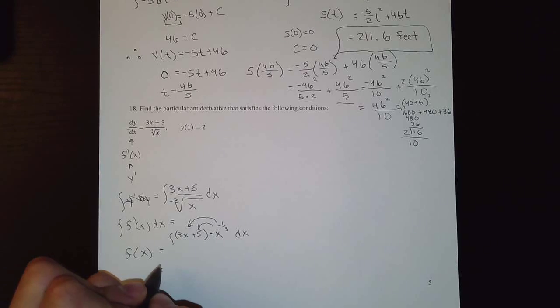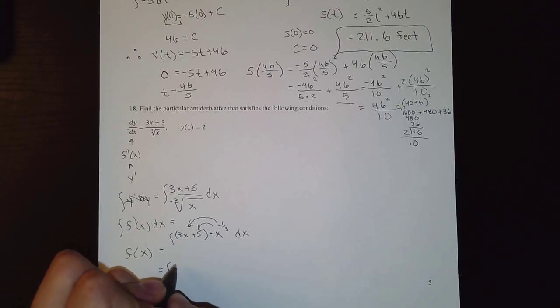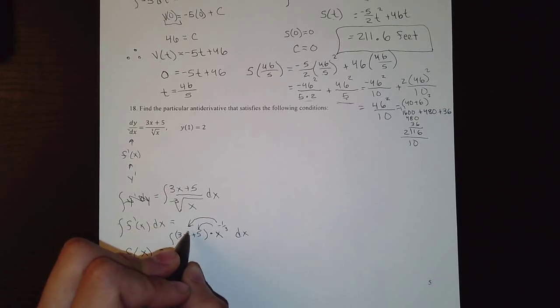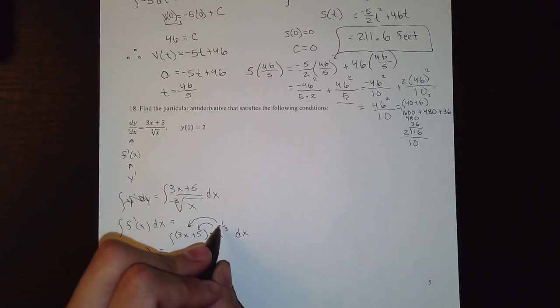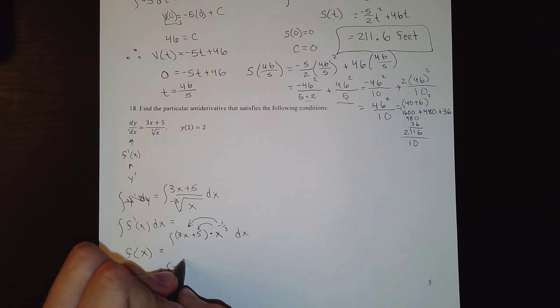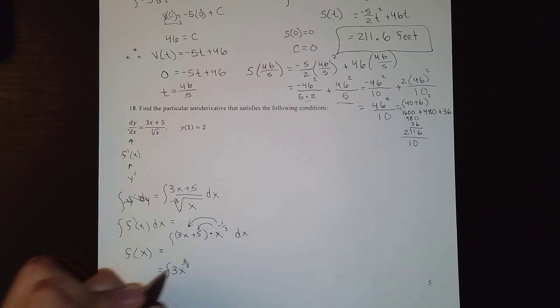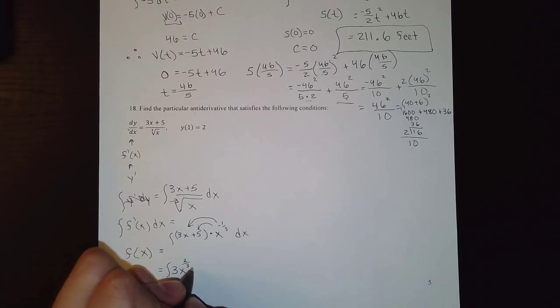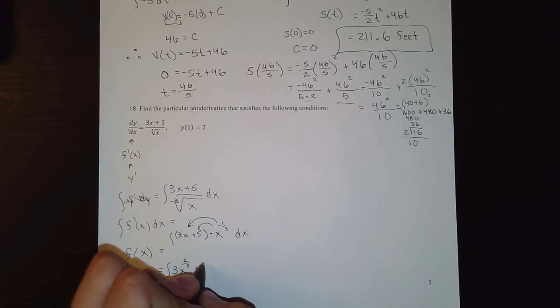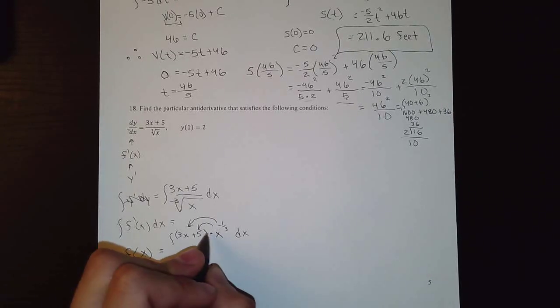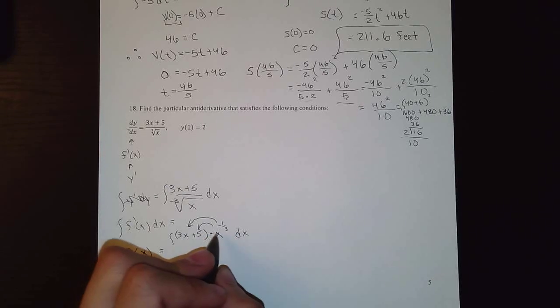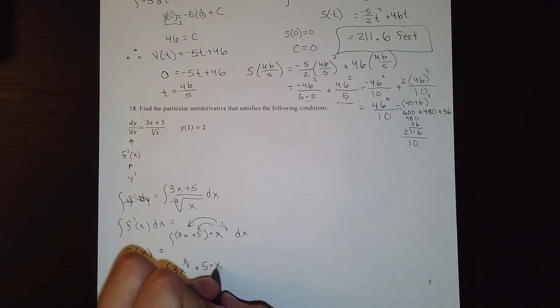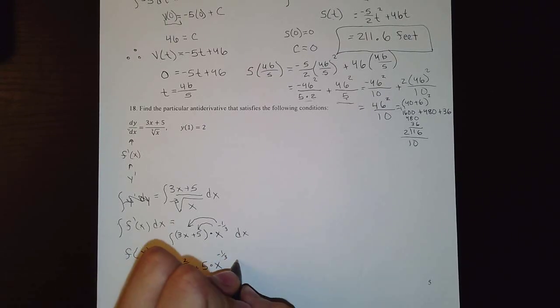So this would become the integral of 3 times x to the 3/3 power minus 1/3. So this would become x to the 2/3 power plus 5 times, well, there's no x's, so this exponent just tags along, so it'd be times x to the power of negative 1/3 dx.